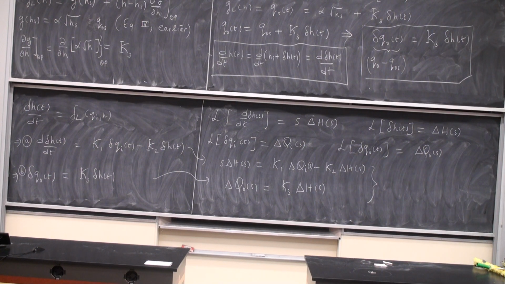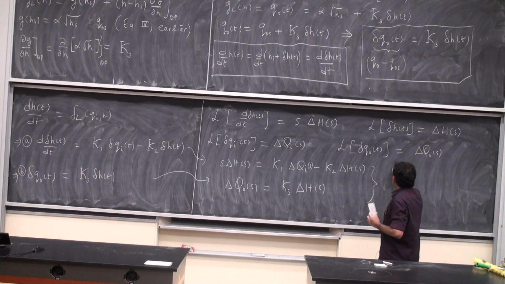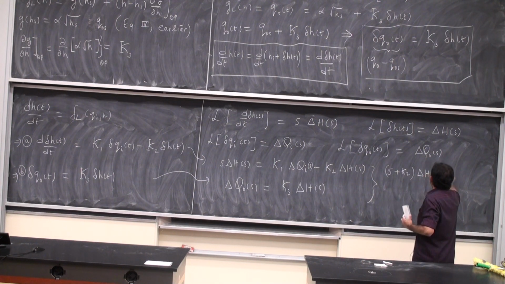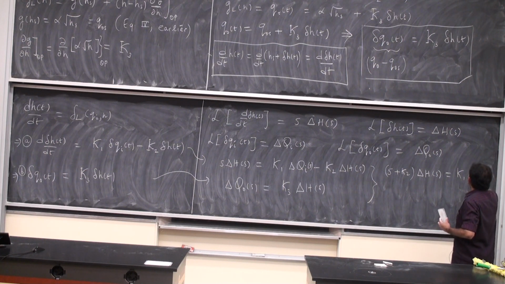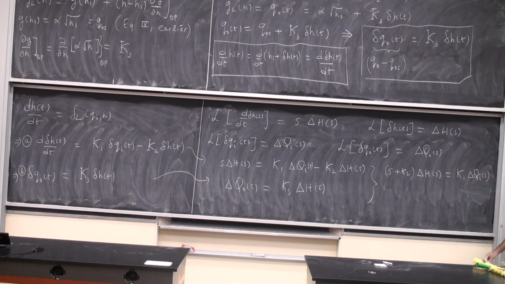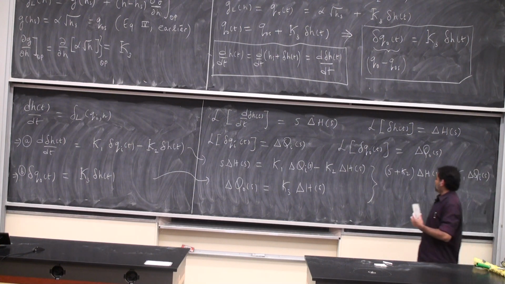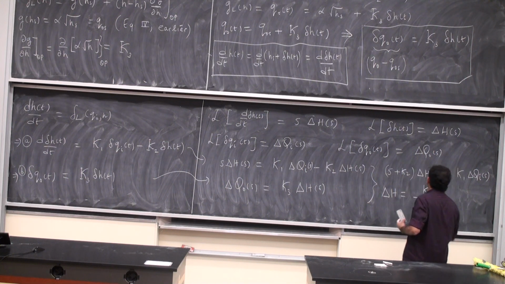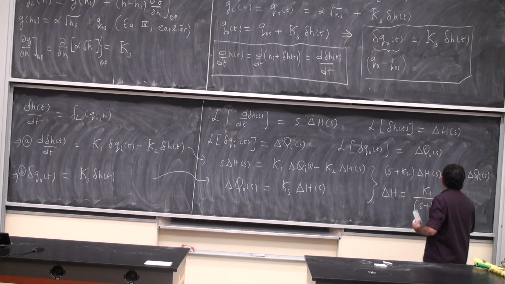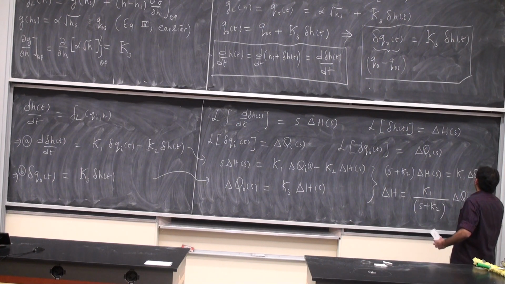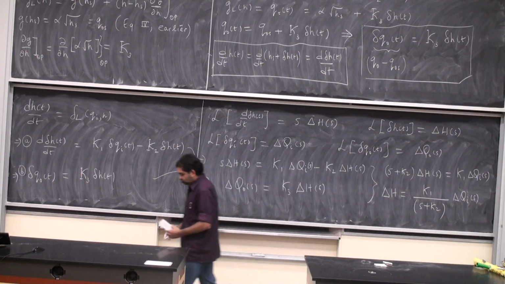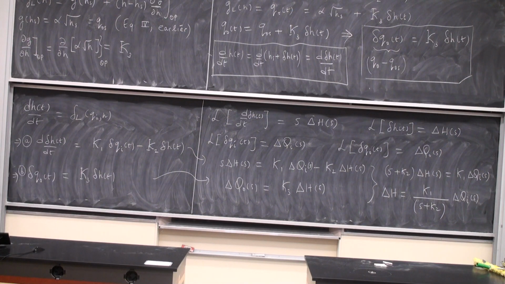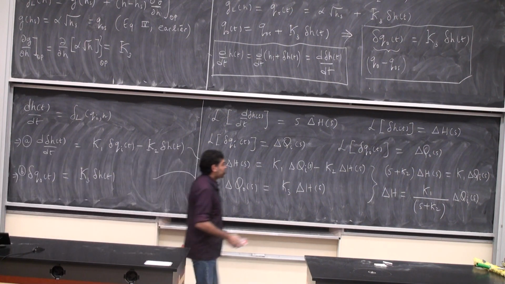Obviously from the first equation I'm going to take that minus K2 to bring it onto the other side. I have 2 more minutes, bear with me. So s plus K2 times delta H of s is K1 delta Qi, or delta H becomes the following.